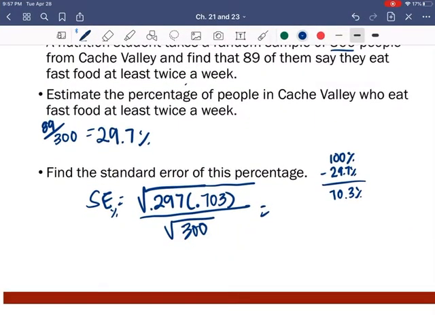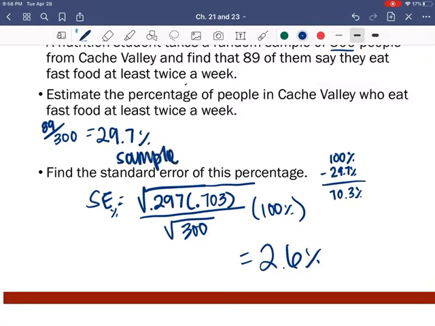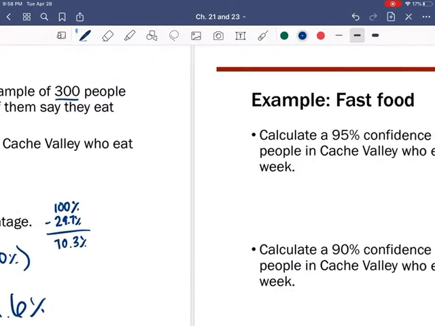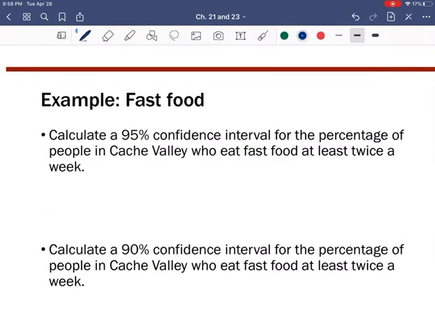And then we have to multiply this by 100% because it is a percent. 2.6%. Okay, this is our sample percent. The estimate is just what we're going to take from our actual sample. This is our SE percent right here.